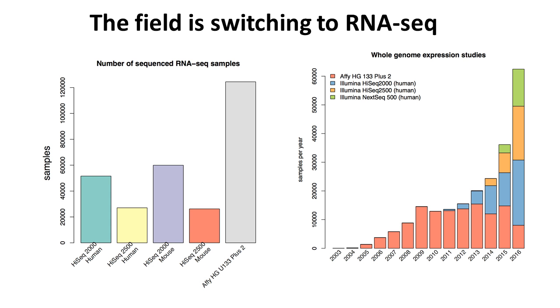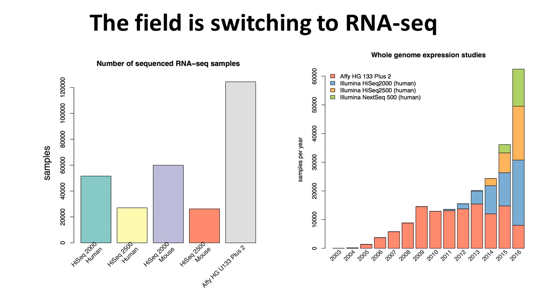But in general, the field is switching to RNA-seq. So here we are looking at the accumulation of RNA-seq. On the left are the number of samples that are currently available on GEO and SRA for RNA-seq for the 4 most popular platforms for human and mouse, as well as the number of samples for microarrays from the most popular Affymetrix chip platform.